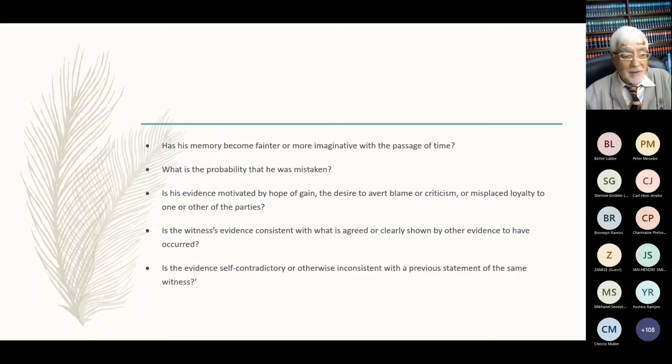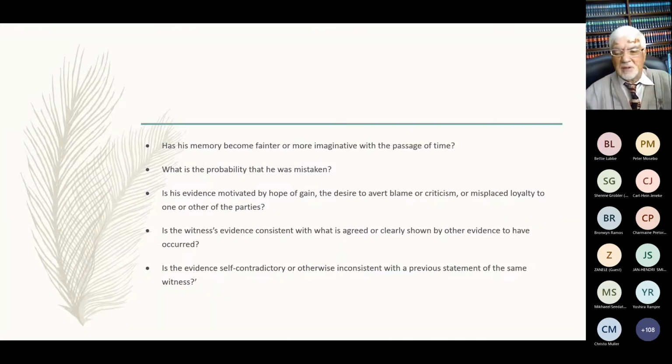Now, again, remember, the reason you cross-examine the witness is not merely to discredit the witness, but the whole object is to enable you to argue that the witness must be disbelieved, okay?